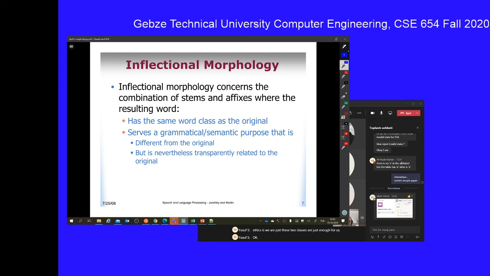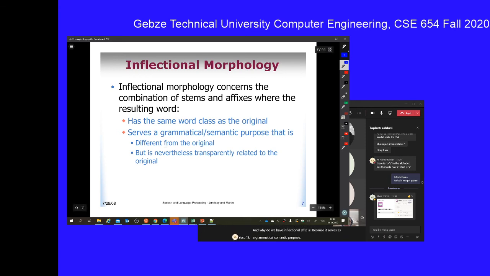Inflectional morphology, as I said before, has the same word class. Many forms of the word, but they all have the same word class. And why do we have inflectional affixes? Because it serves a grammatical semantic purpose.